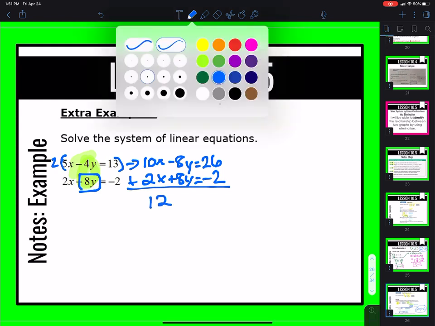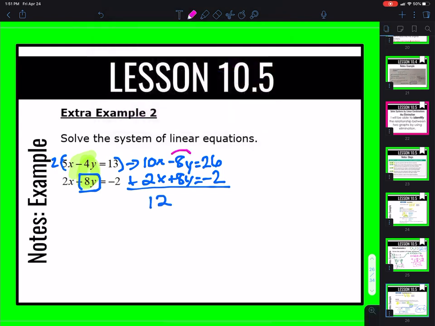Negative 8y plus 8y cancels out. So I am now left with 12x equals 24. One-step equation, divide by 12 on both sides, x equals 2.